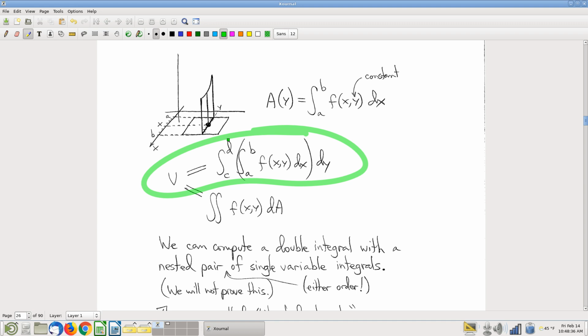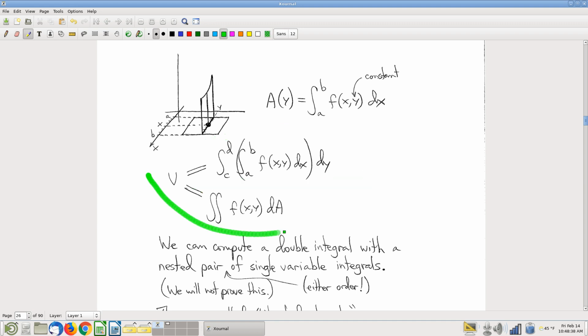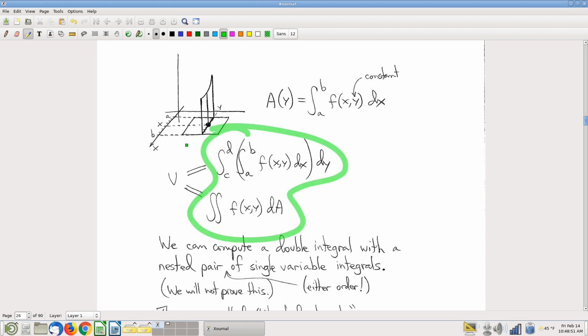Okay, so is that the point? No. Here's the point. I've also already argued that volume can be computed with a double integral, if only I knew how to compute them. Well, here's the thing. If this is equal to that and that's equal to the other, then this is equal to the other. So these two things are equal.